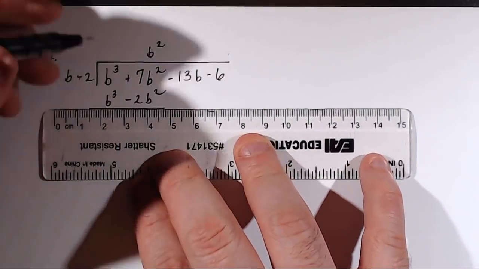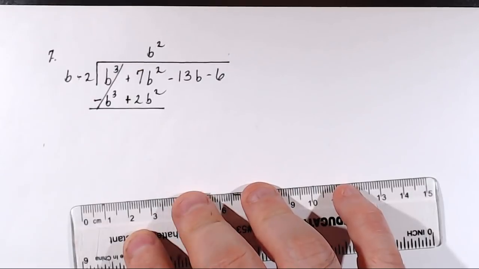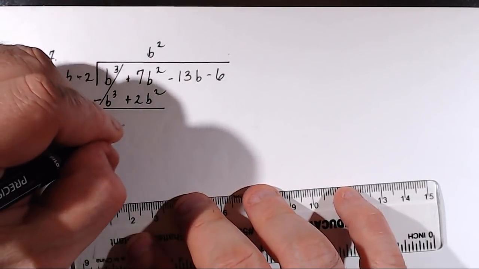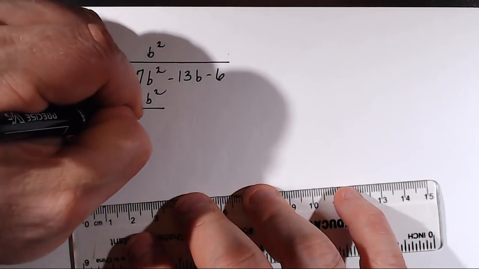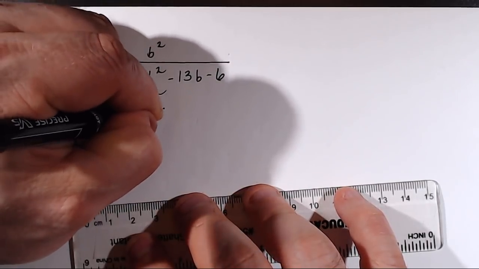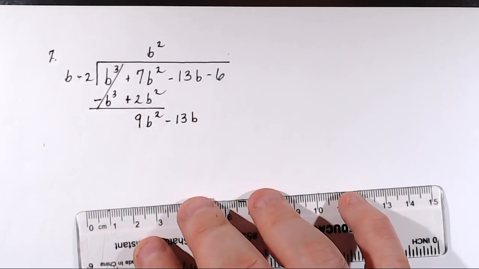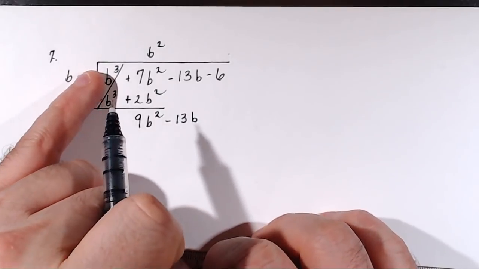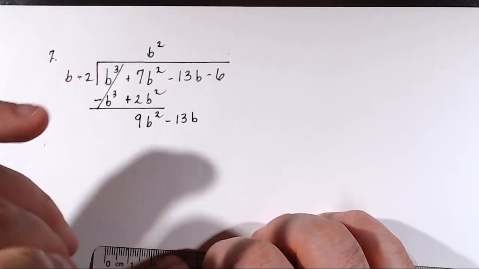Draw a line, change the signs. Those cancel right there. And now I have 7 plus 2 equals 9b squared minus 13b. We bring down that minus 13b. Cover up the negative 2 and say what times b equals 9b squared? And that's 9b.